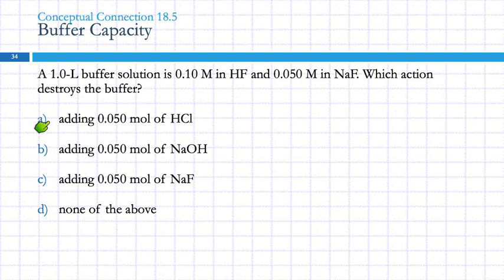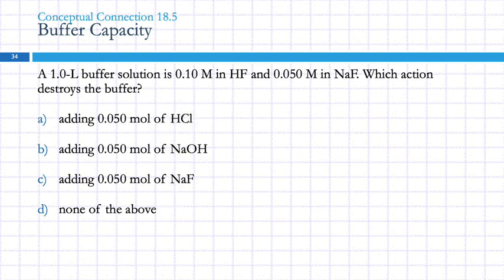We have 3 different choices here, plus none of the above. Don't you hate that? So let's analyze these choices and see, what's different about them and what's the same? What's the same is they're the same amount of stuff. It's the compound that's being added that's different.